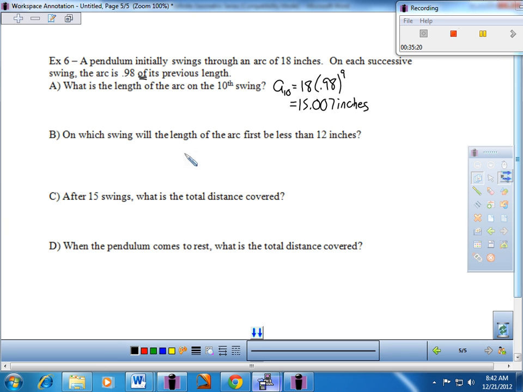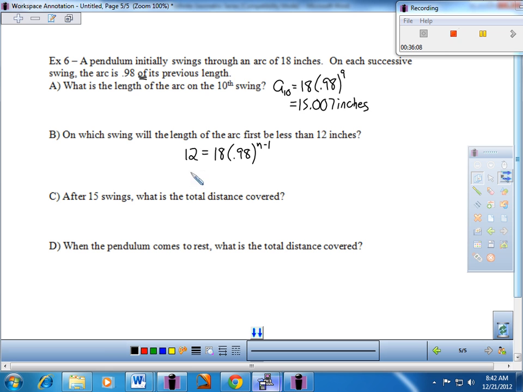So I'm looking for n when a sub n is equal to 12. So it's still the length of the arc here. So we're looking for that value. And so I'm seeing this, everyone. Hoping you agree with that equation right there. So how many swings? So n is the number of swings. And let's see. Yeah, this looks good.